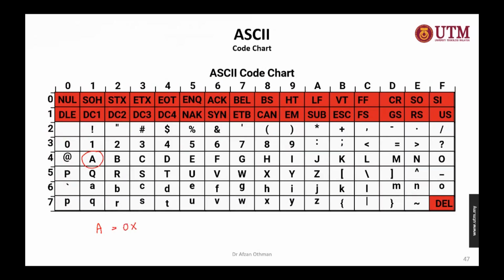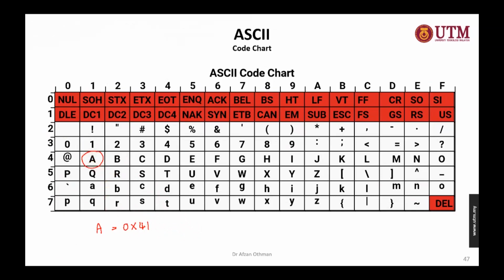When 41 is sent to your processor, the processor knows that A is pressed and needs to send A to the monitor. So 41 represents A.